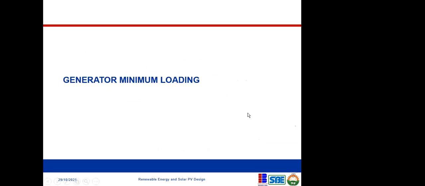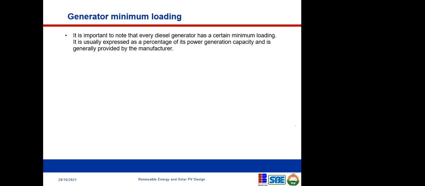So let us look at generator minimum loading. This is an issue for a lot of us that use generators in our factories, industries, and even in our homes. It is important to note that every diesel generator has a certain minimum loading. It is usually expressed as a percentage of its power generation capacity, and is generally provided by the manufacturer.